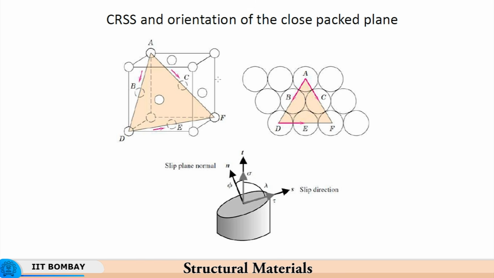So if we have a very strong plane oriented in that direction, then our shear stress required to cause slip will have to be much higher. So that is the benefit of developing a so-called crystallographic orientation.